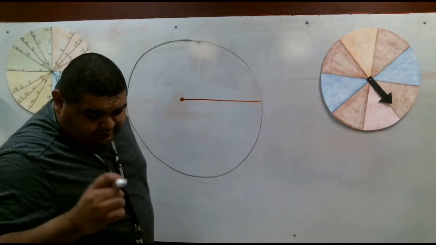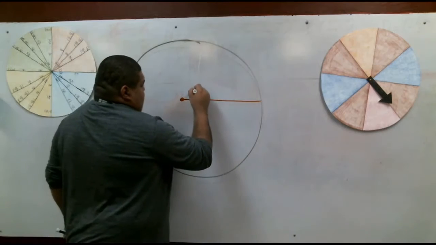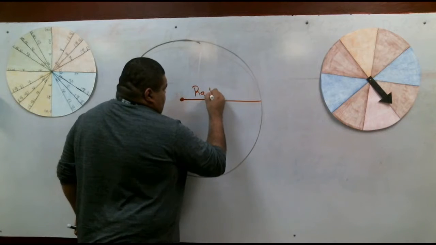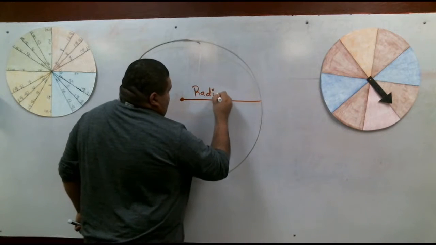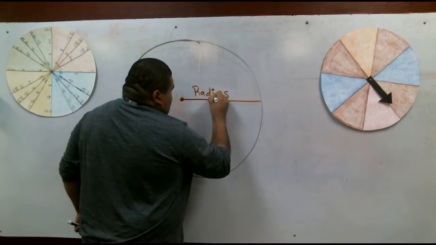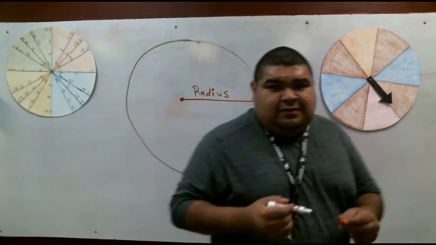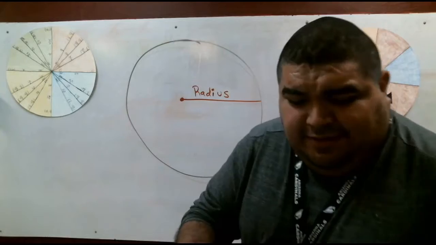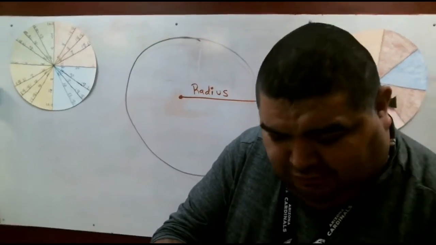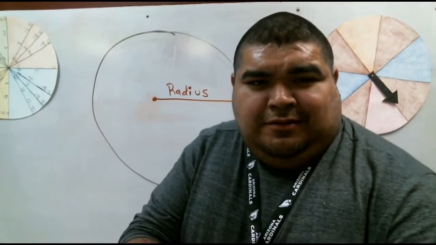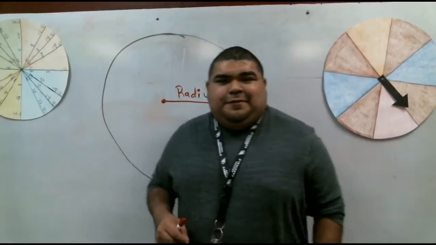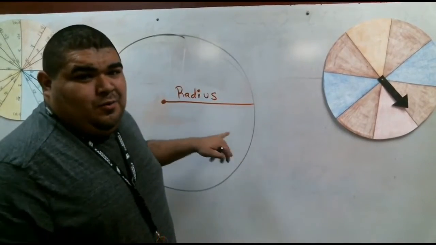This is called a radius. If you guys can't see it that well, it's okay. Let me push you guys up a little to the front. Makes it a little simpler, a little bigger. So, again, we have the radius.